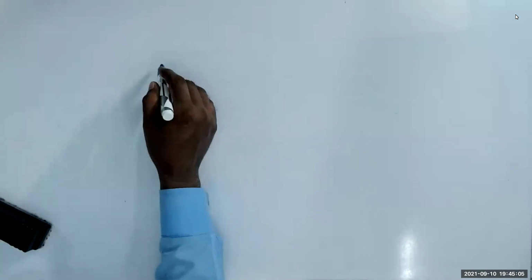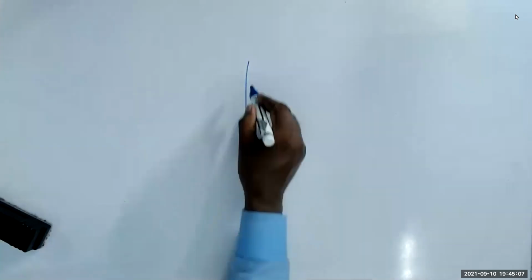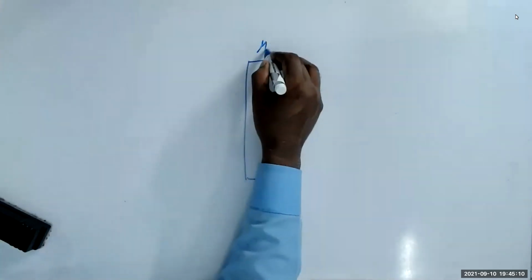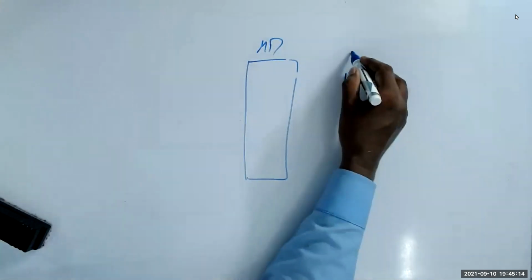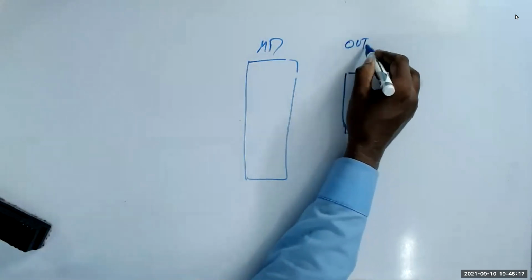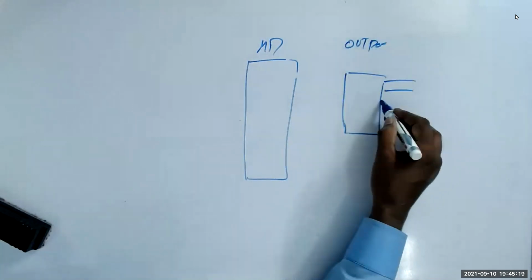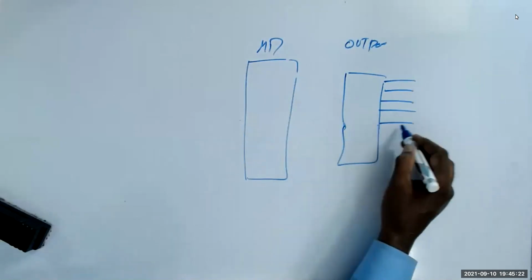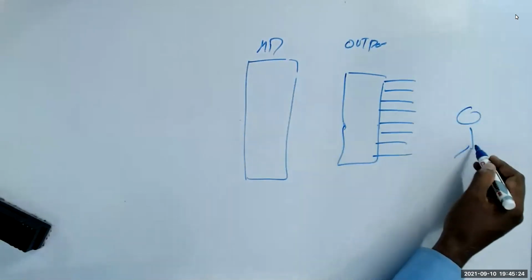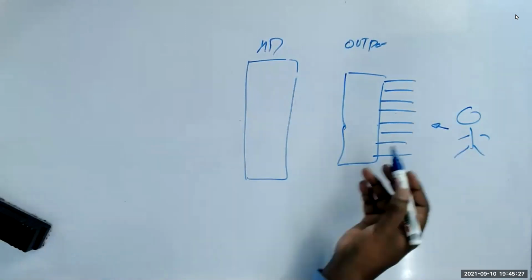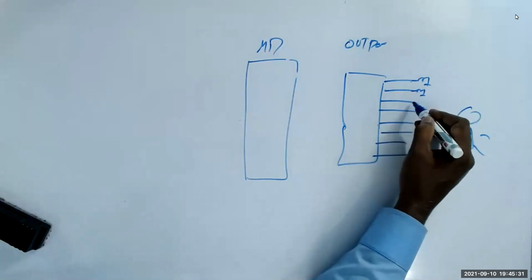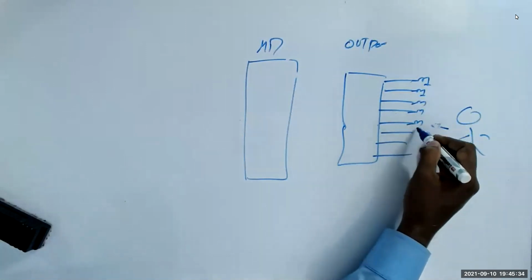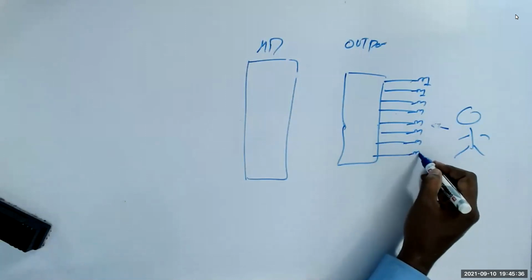Let us assume that I have a microprocessor, and I have one output port. To the output port, I have connected 8 LEDs. Somebody is watching this bulb.